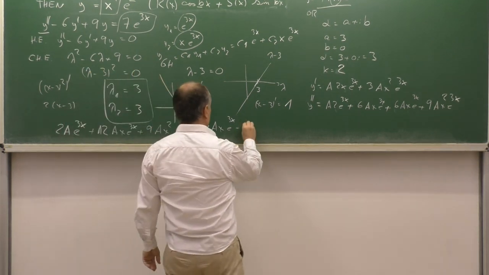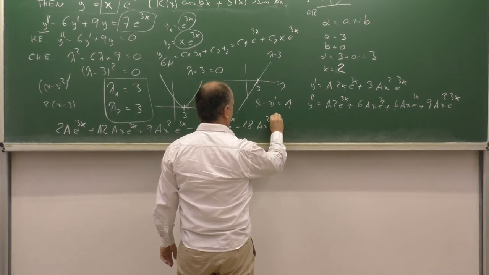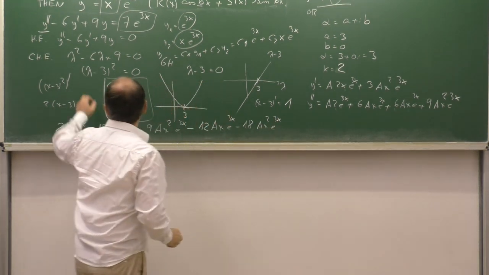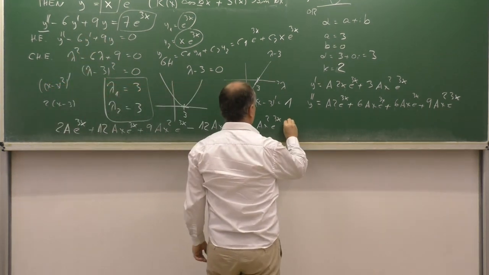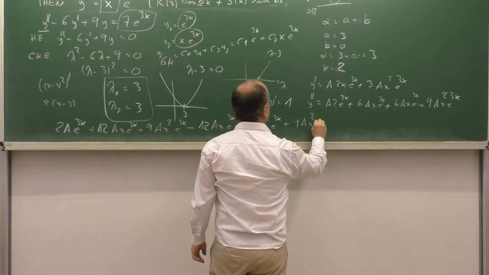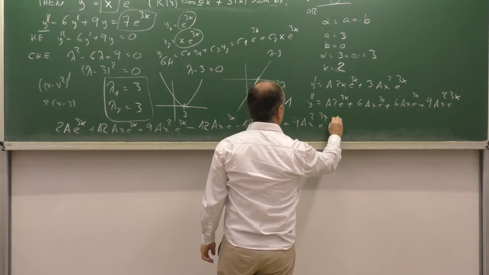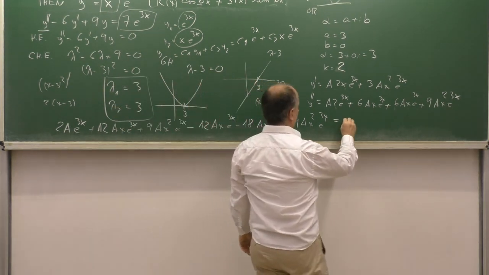Minus 18 a x squared e to 3x. Plus 9y, plus 9a x squared e to 3x. And that should be equal to 7 e to 3x.